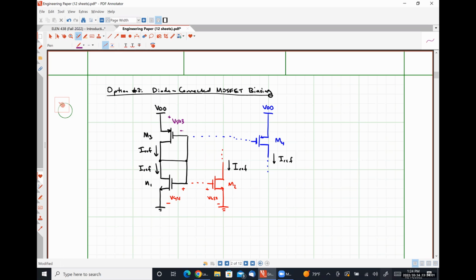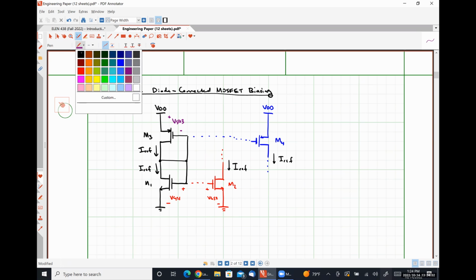So effectively, if M1 is normal sized, M3 has to be very large to accommodate that large voltage drop over it while maintaining that same reference current flowing through it. And vice versa. If M3 and M4 are small, then M1 has to be physically larger in order to accommodate that larger voltage drop while maintaining that exact same current flowing through it, okay?